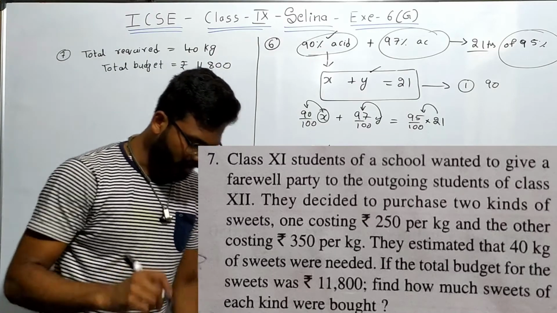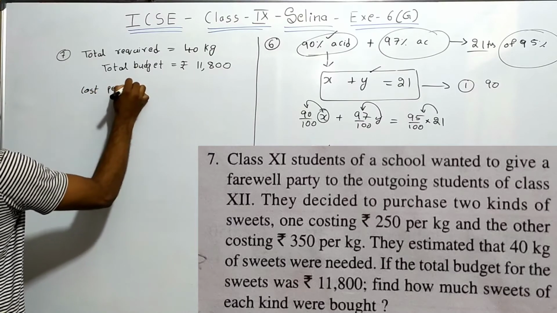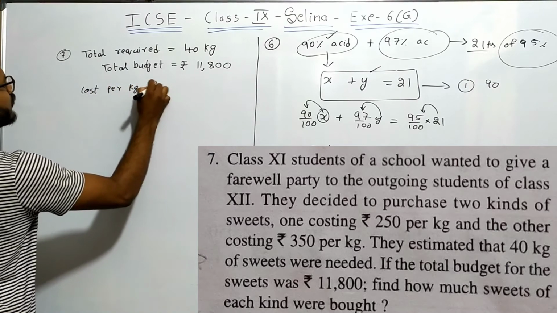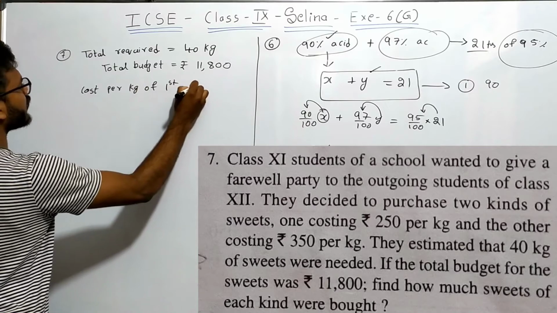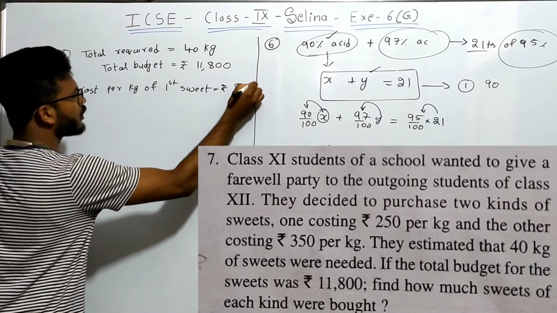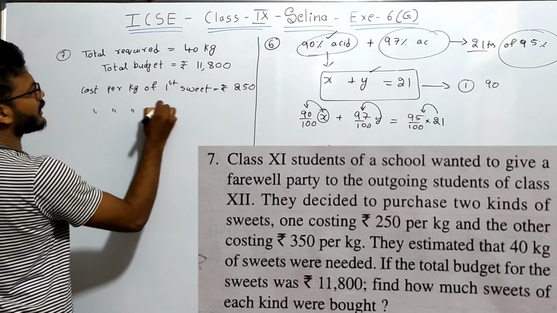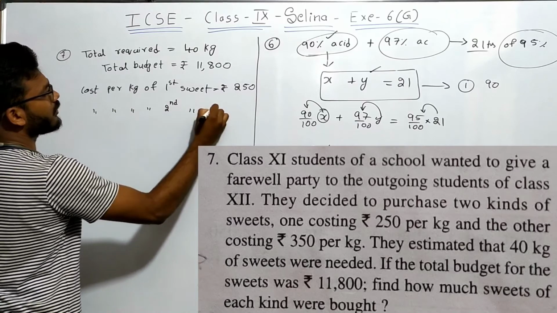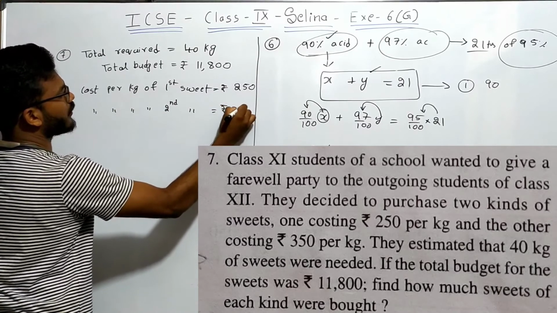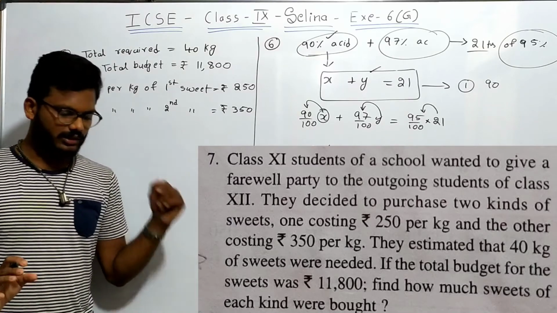The cost per kg of the first sweet is rupees 250, and the cost per kg of the second sweet is rupees 350. See, these are the given things.